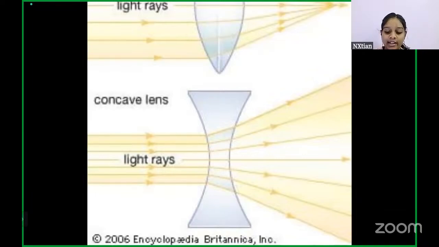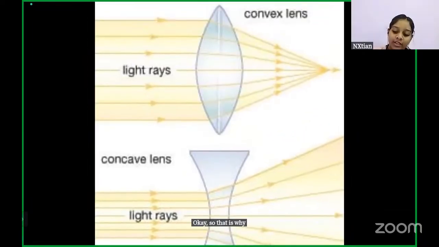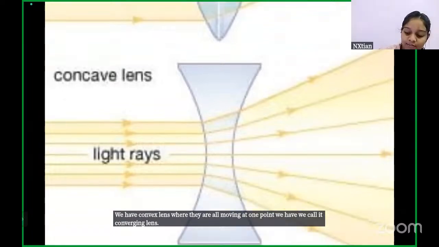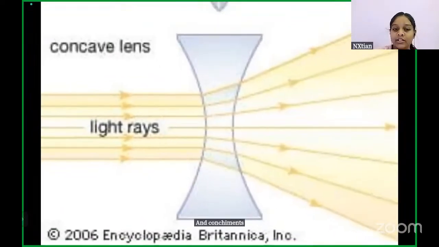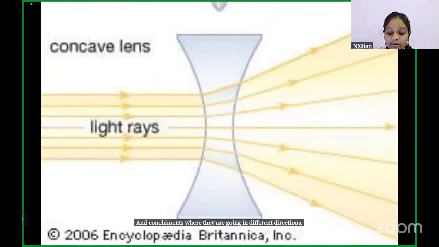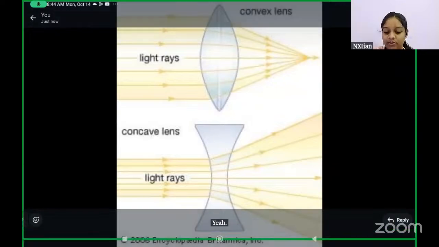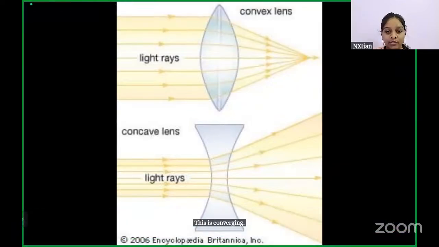So that is why we have the convex lens where they are all meeting at one point, we call it a converging lens. And the concave lens where they are going in different directions, we call it a diverging lens.